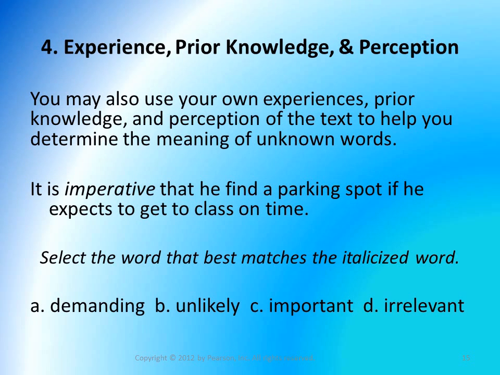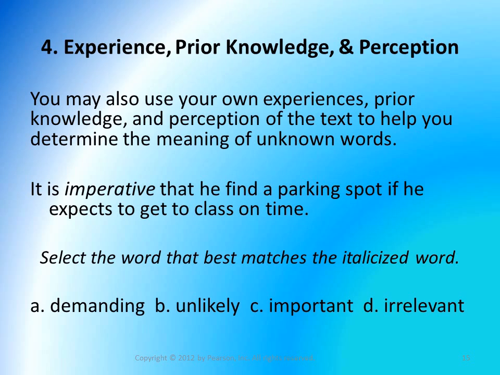Now, experience, prior knowledge, and perception context clues are probably the most complicated. What this refers to is that you bring your own knowledge, you bring your own experiences and the way you see things to what you're reading. So when you're reading something, sometimes you can just figure out the word because you put yourself in that situation. For example, the sentence here says it is imperative that he find a parking spot if he expects to get to class on time.